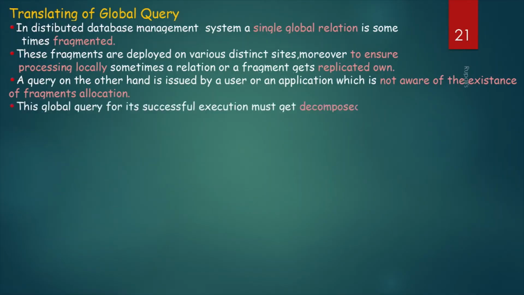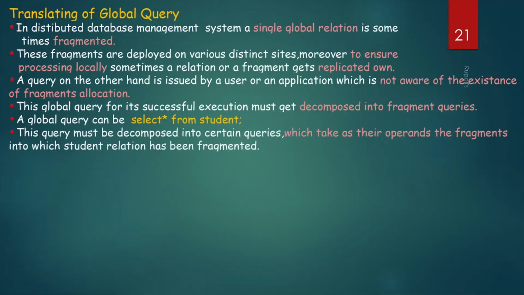That is, the global query must be decomposed into fragment queries for its successful execution. Take one example. If the global query is select star from student, this query must be decomposed into queries which take as their operands the fragments into which the student relation has been fragmented.